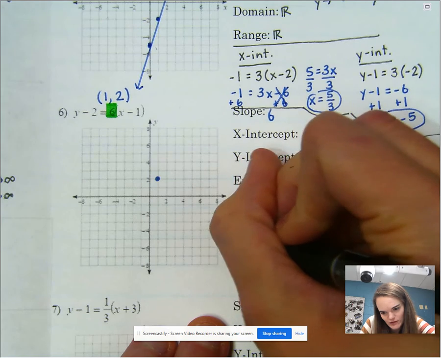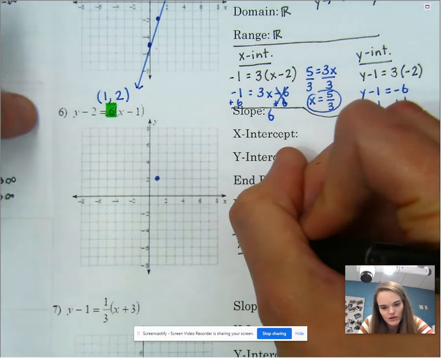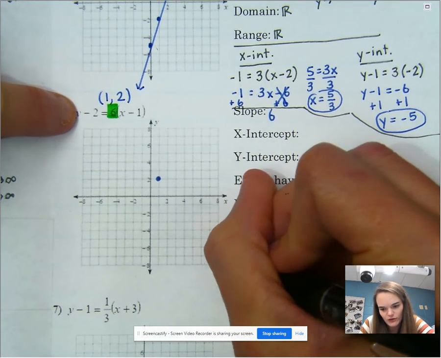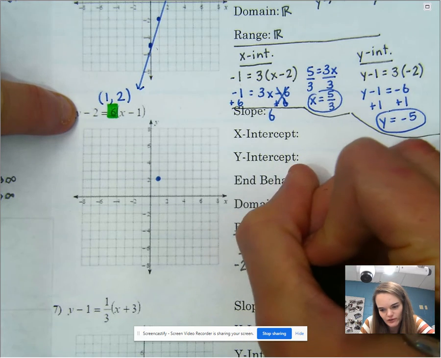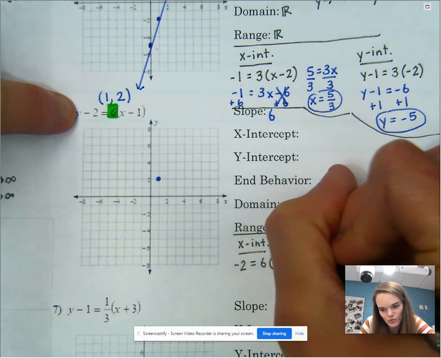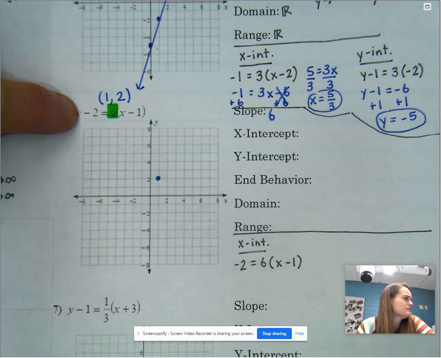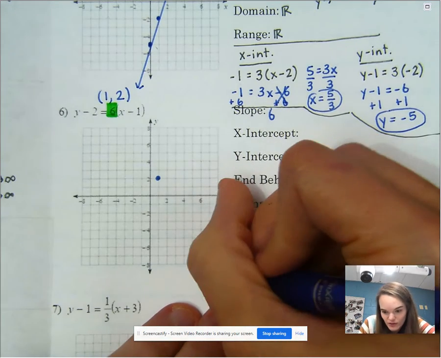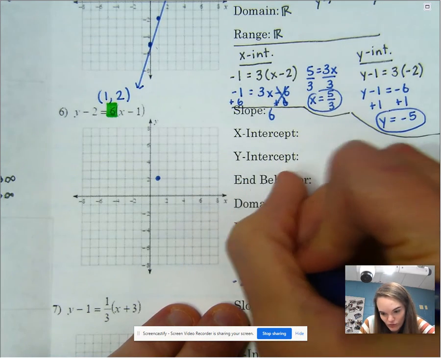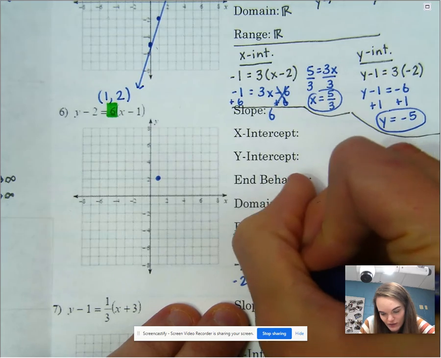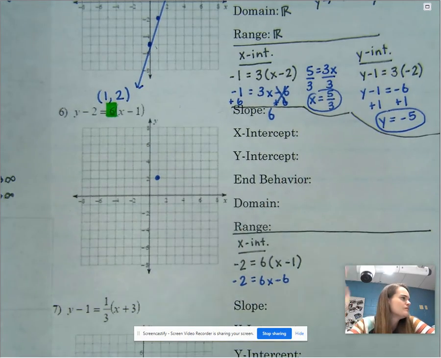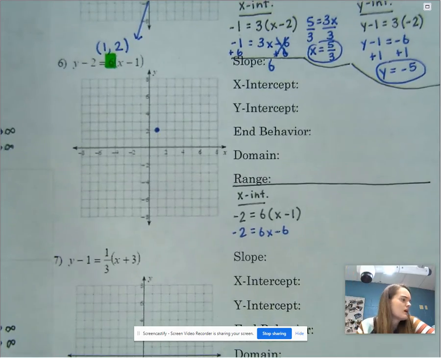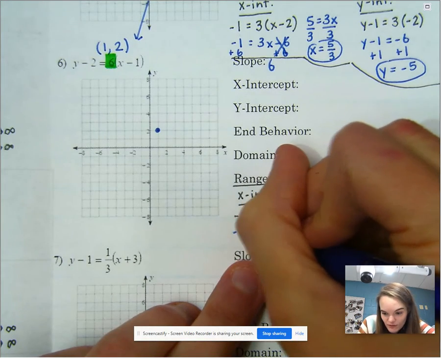X-intercept: -2 equals 6 times x minus 1. Distribute 6, so -2 equals 6x minus 6. Add 6.